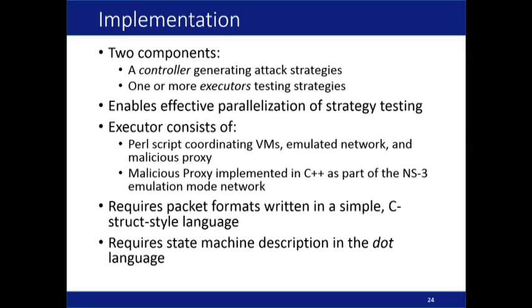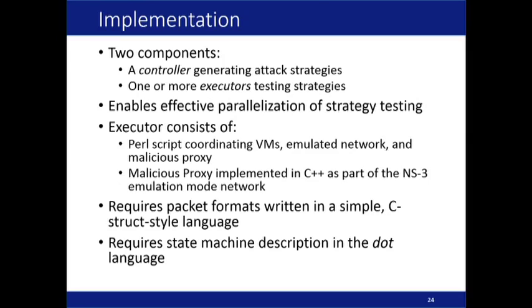So we can run many executors on multiple machines to quickly test the different possible attack strategies that our controller generates. The executor itself consists of a Perl script to coordinate our virtual machines, our emulated network, and our malicious proxy.